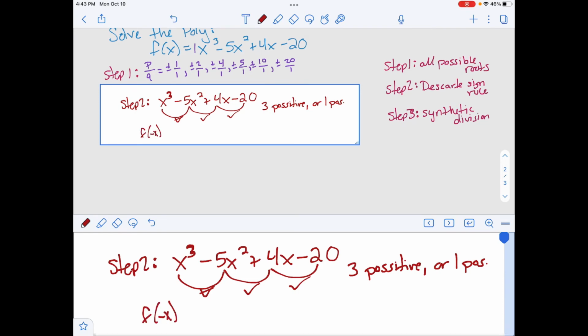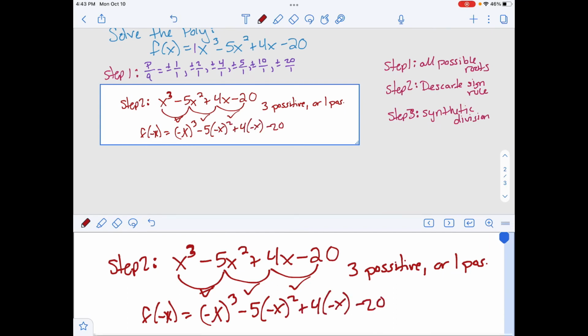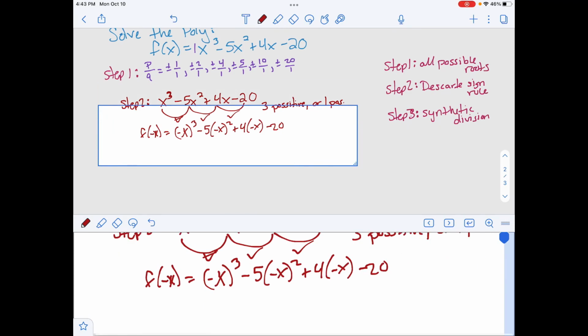So f of negative x. We would have negative x to the third minus 5 times negative x squared plus 4 times negative x minus 20. If we simplify that down, we get negative x to the third minus 5x squared minus 4x minus 20.